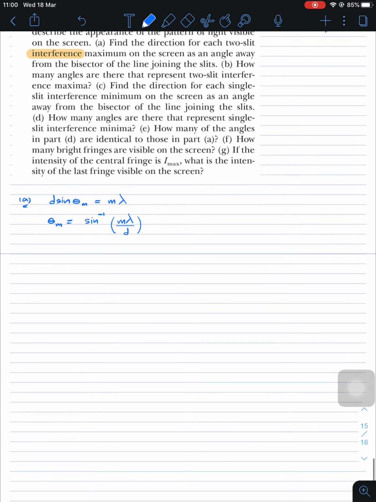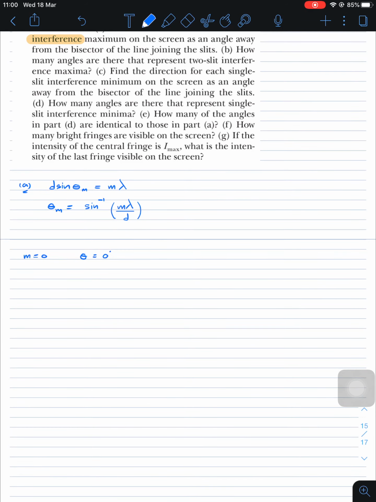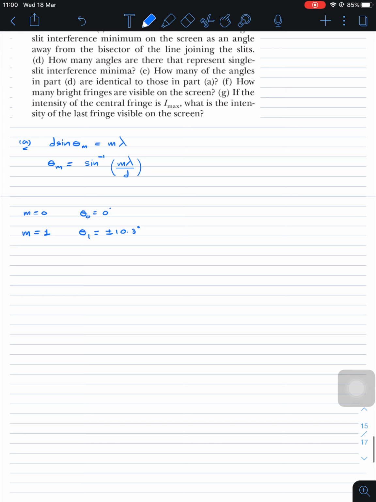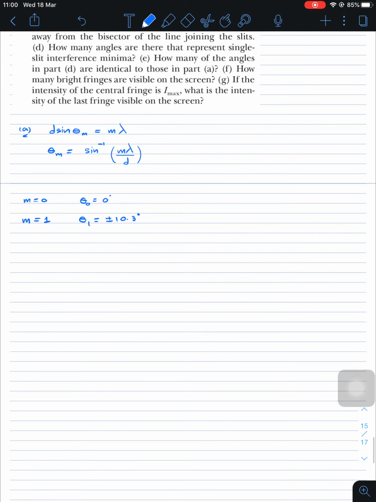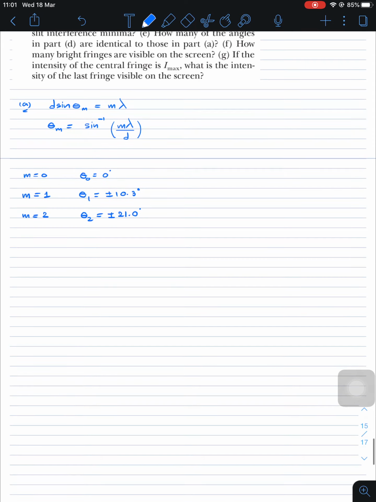For m equal to 0, we get theta equal to 0 degrees. For m equal to 1, we get theta 1 equal to plus or minus 10.3 degrees. I computed these already. For m equal to 2, we get theta 2 equal to plus or minus 21.0 degrees.